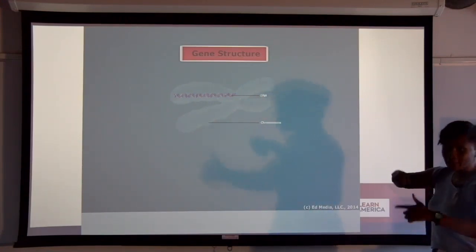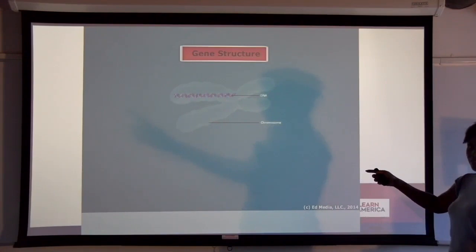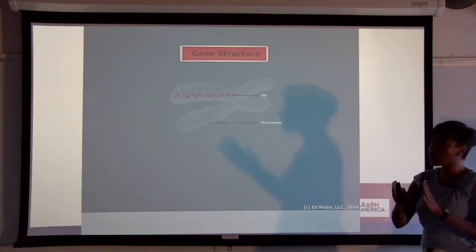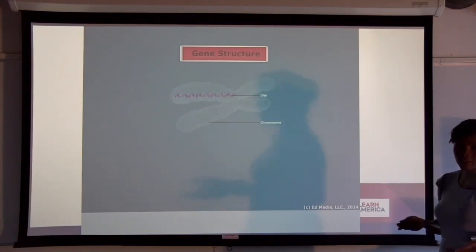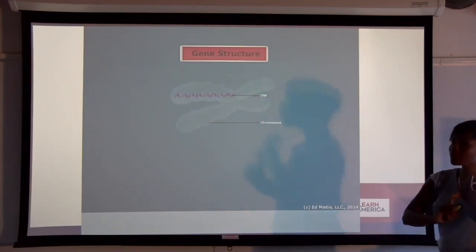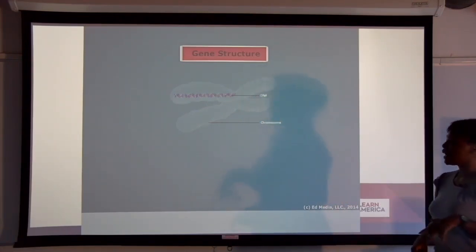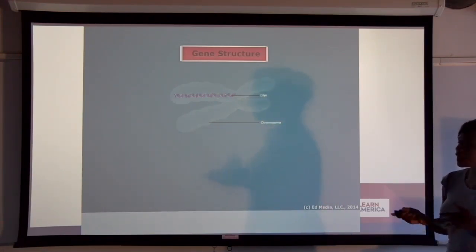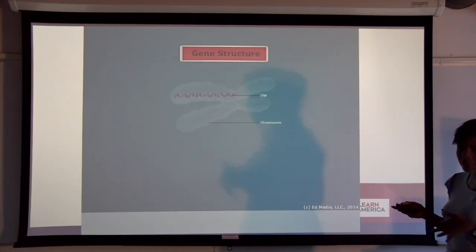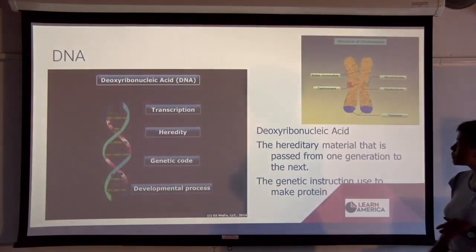If you unwind the chromosome into this long strand of DNA, different sections on it code for different genes and different traits, your characteristics. For example, the type of enzymes your body could make, the color of your hair, the color of your eyes. All of those characteristics are based off different segments of the DNA.